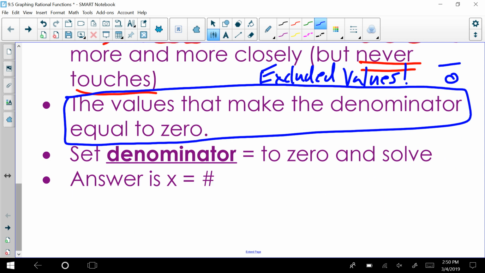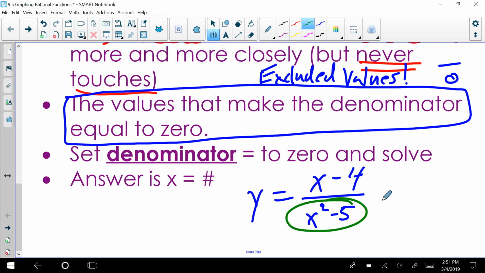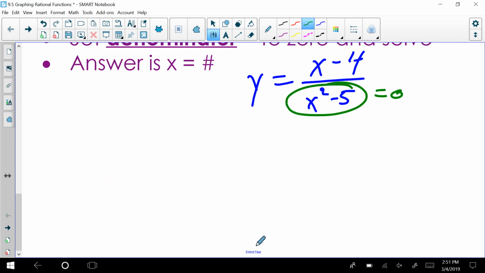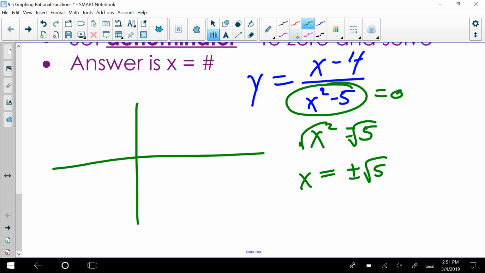So what do we do? We're going to set the denominator equal to 0 and then solve it. On the example that I've had here in the past, I would take this bottom, set it equal to 0, and solve, taking the square root, so x equals plus or minus the square root of 5. These would be two vertical lines at plus and minus the square root of 5.